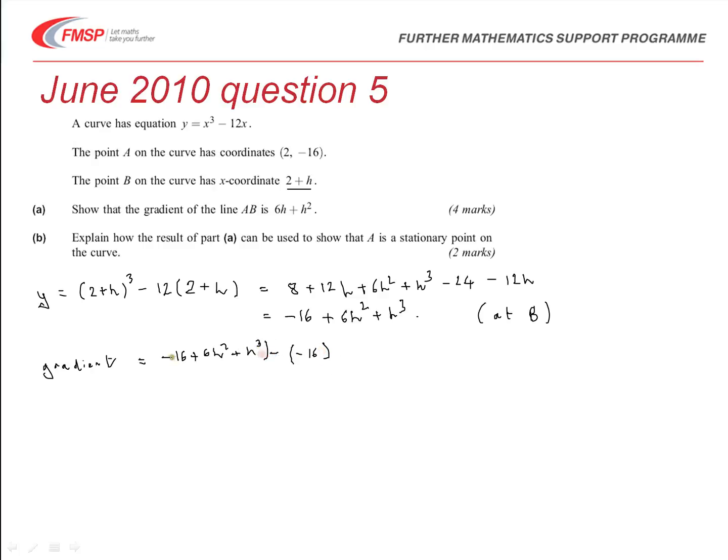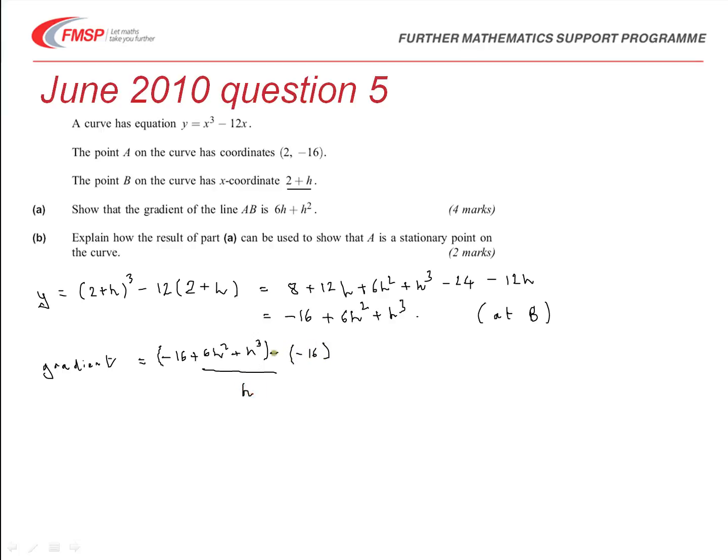I'll just put brackets around all of that, just to show we've done the difference in y, and that is all divided then by the difference in x. Well, 2 plus h is the value at B, 2 is the value at A, so the difference in the x values is just h.